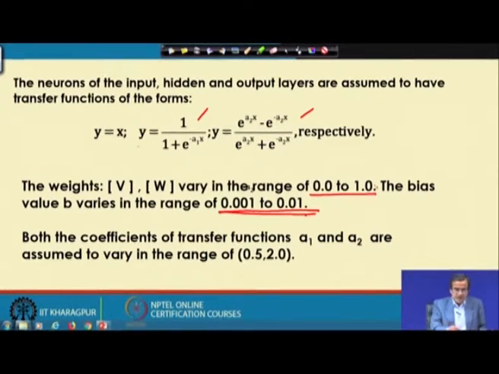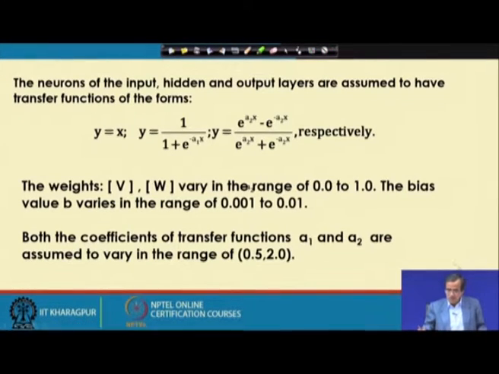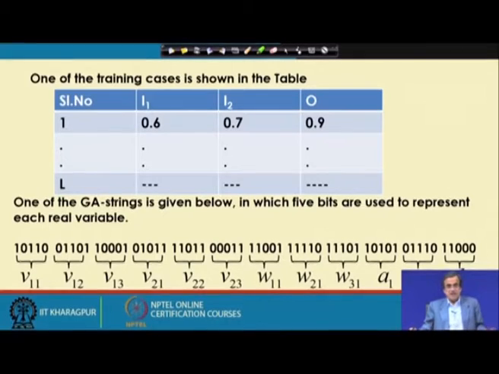The coefficients of the transfer functions, that is A1 and A2, lie in the range of 0.5 to 2.0. So, let us see how to code inside the GA string and how to get the output for the set of inputs.